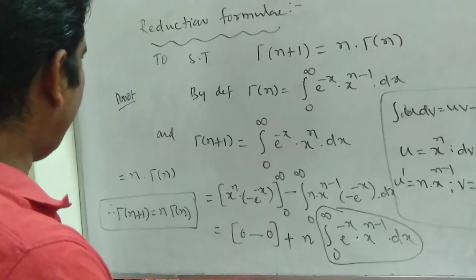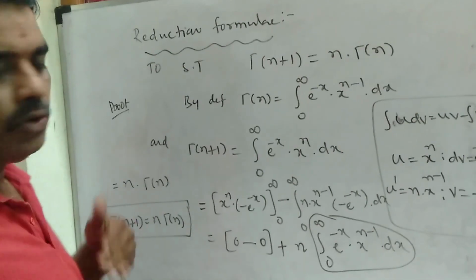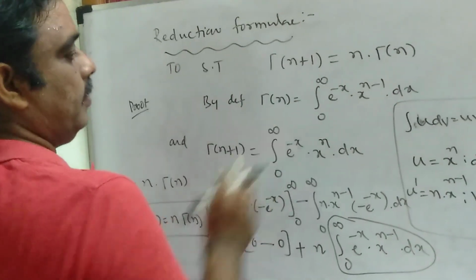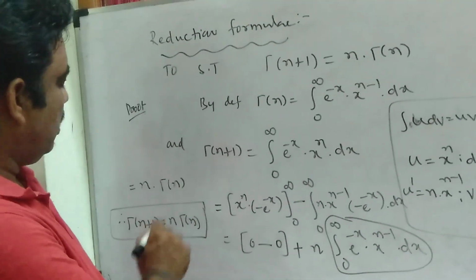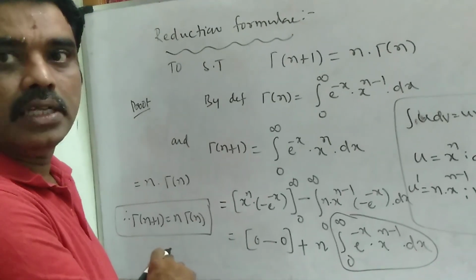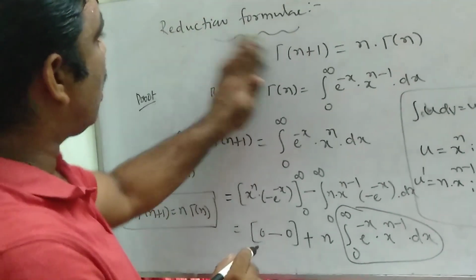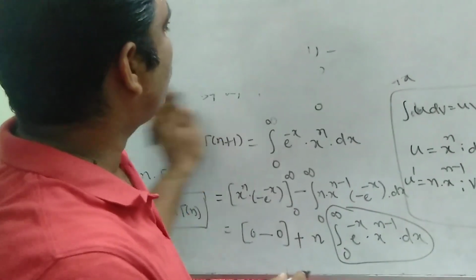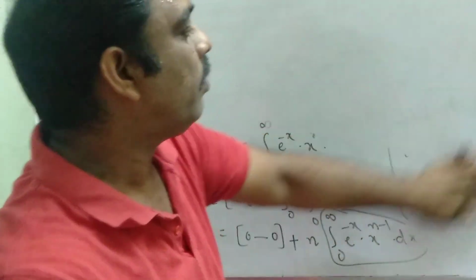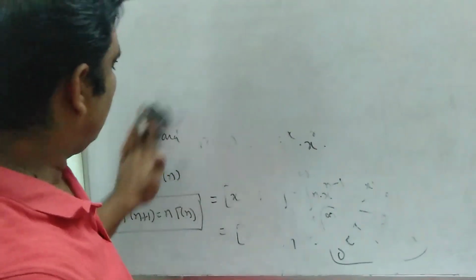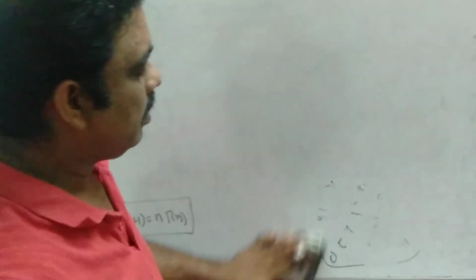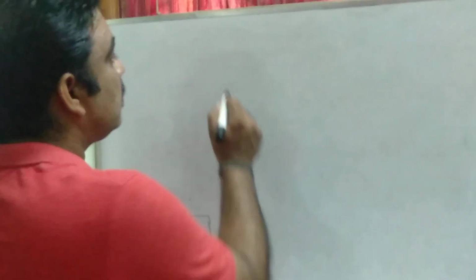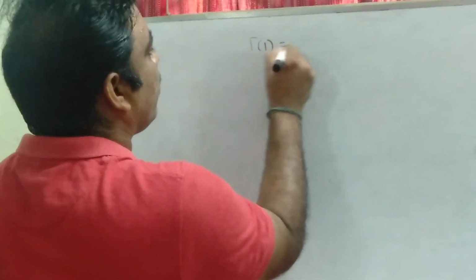Now to find the next values, what is gamma of 2, what is gamma of 3? So clear, the gamma function reduction formula is gamma of n plus 1 is equal to n into gamma of n. And also we have seen gamma of 1 is equal to 1. So using this formula you can find the remaining values. We have gamma of 1 is already 1.